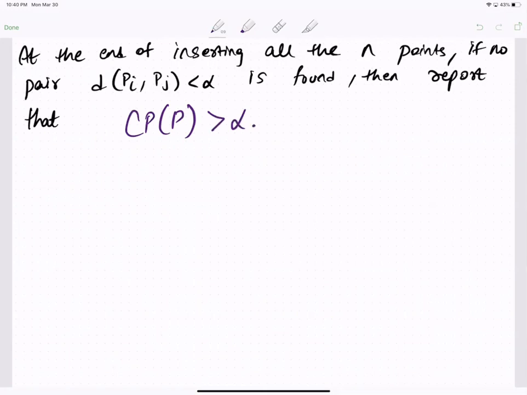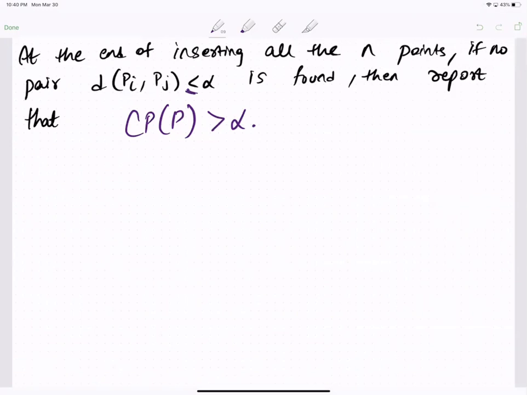Actually, if you see the algorithm, you can also detect if there's a point equal to alpha as well. I just said less than alpha, but actually you can say less than or equal to alpha. That's not something we have to worry much about.